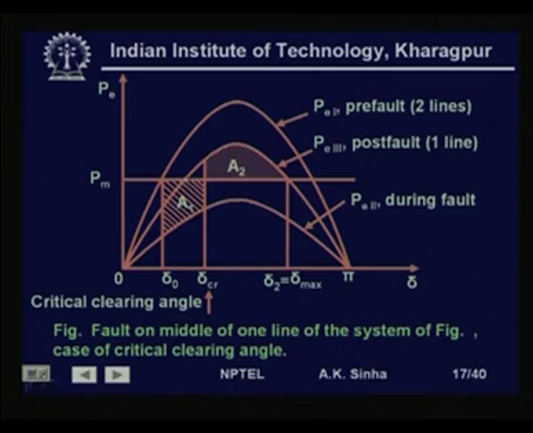The electrical output in this case is going to be Pe3, Pmax3 sin delta, and we have the mechanical input which is equal to Pmax1 into sin delta 0, that is this point.